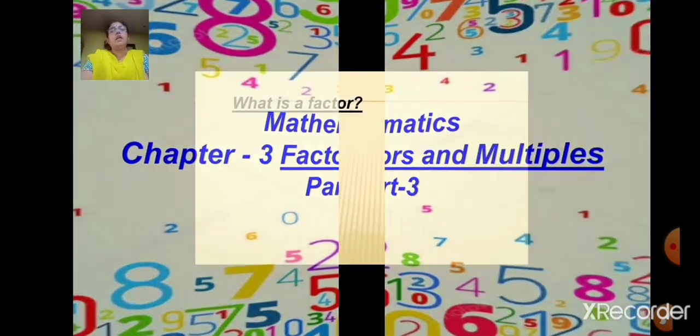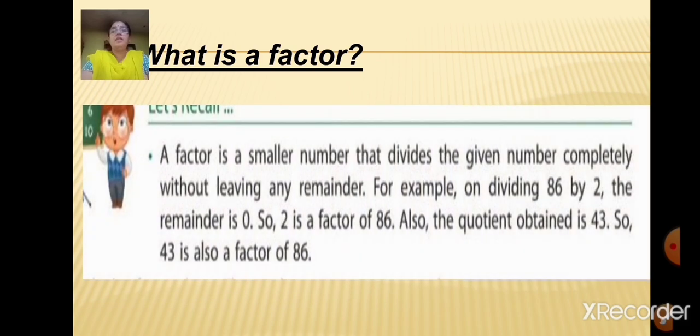First thing is you should know what is a factor. A factor is a smaller number that divides the given number completely without leaving any remainder. In the example I have given here, 86 is easily divisible by the number 2.